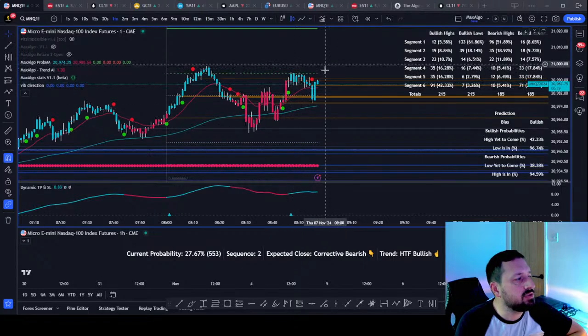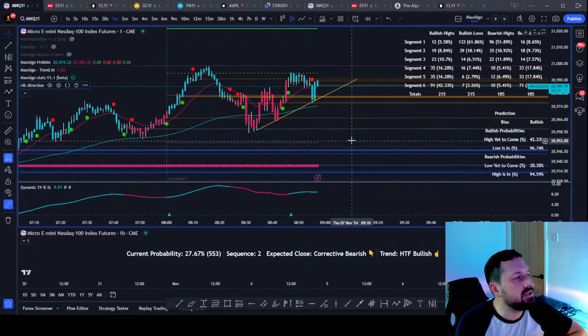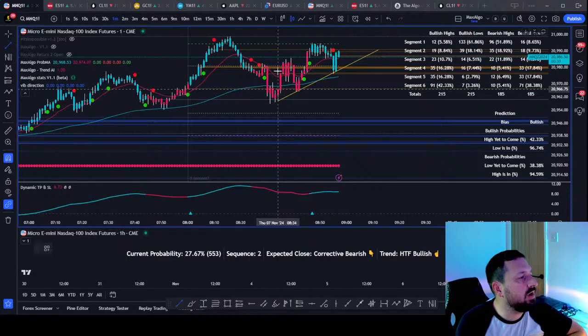Looks like we've not been able to push up. Nice and corrective. Will we see this break down? It's quite a large channel. We'll see.